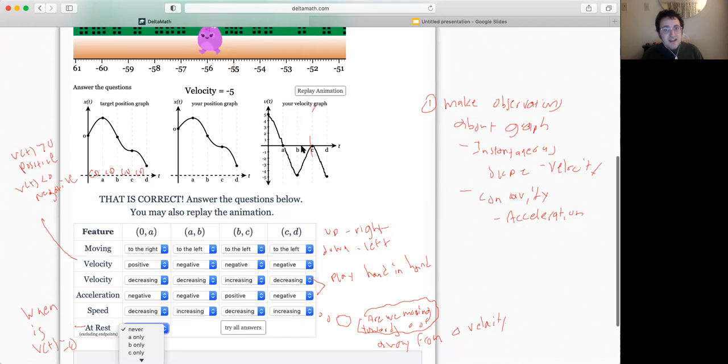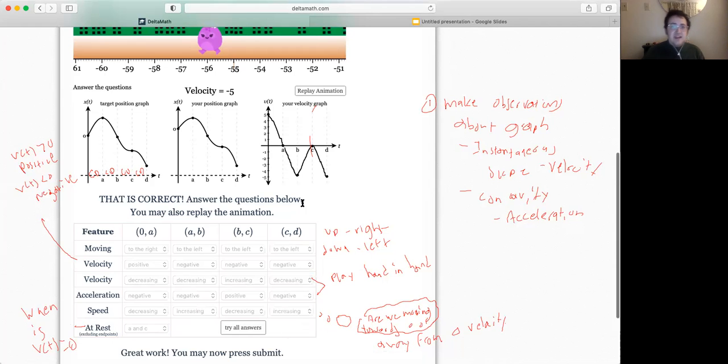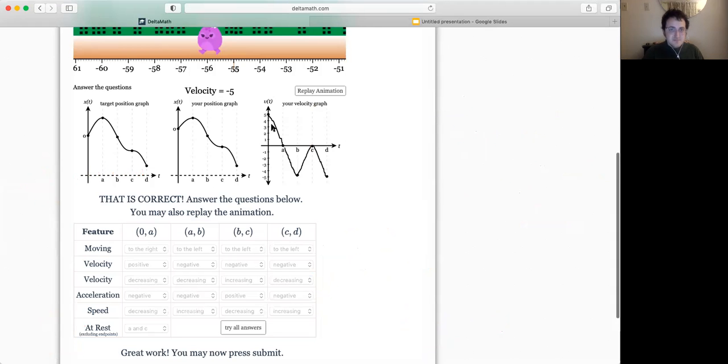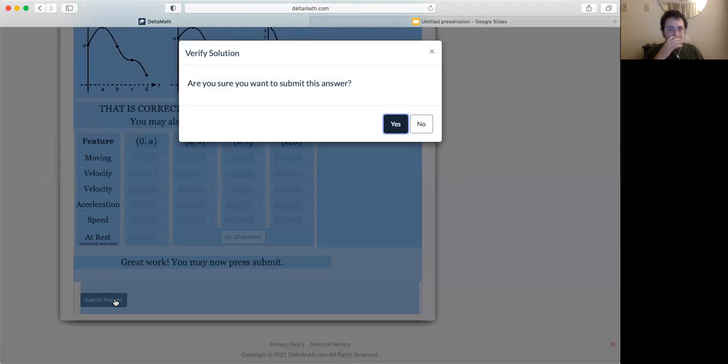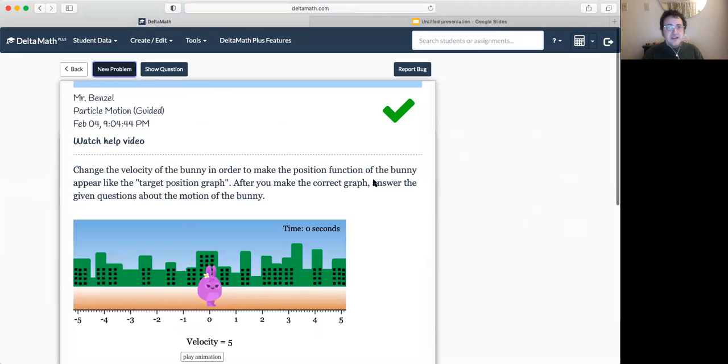So it's 0 at A and C on the V of t graph. Then we're just going to try the answers here, and we got them all correct. You just submit, and then you can enjoy the check mark.